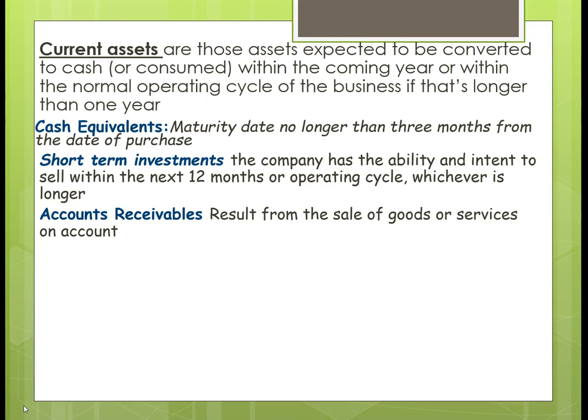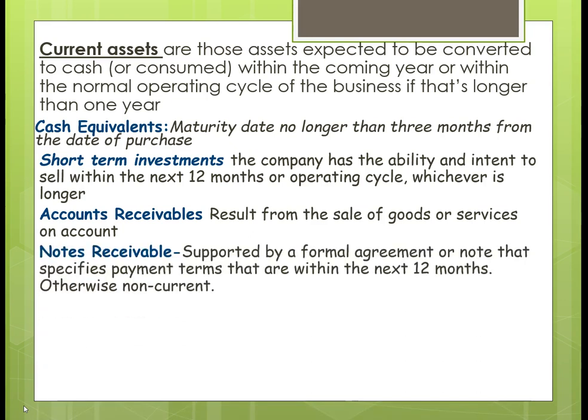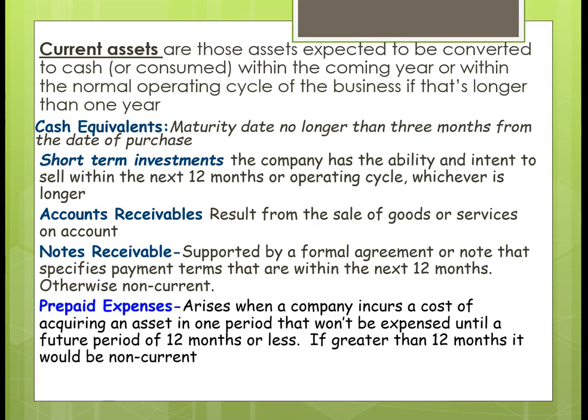Accounts receivable. These result from the sale of goods or services on account. Notes receivable, supported by a formal agreement or note that specifies payment terms that are within the next 12 months. Otherwise, it would be non-current. So you can have both current and non-current notes receivable. Prepaid expenses.